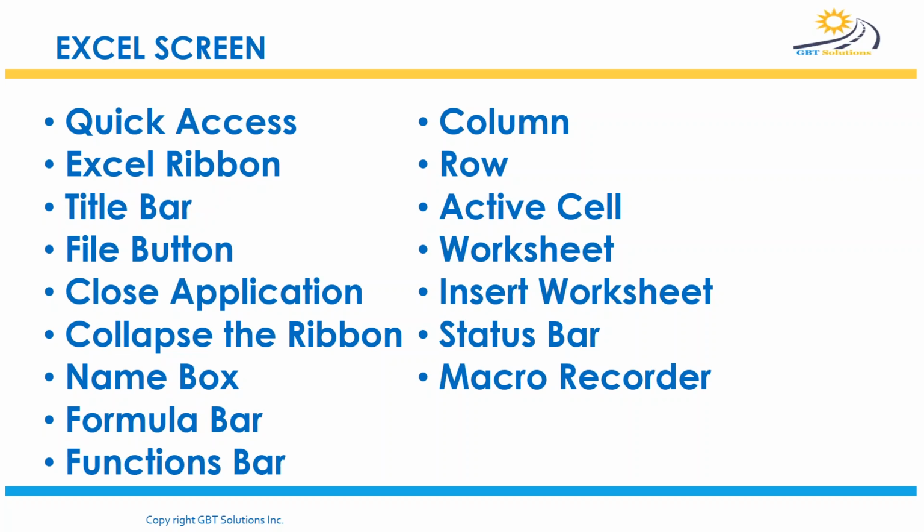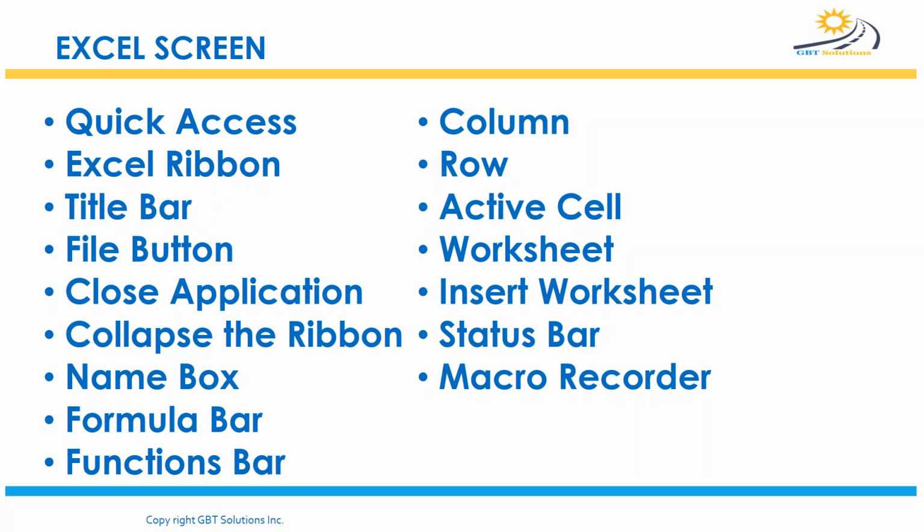Then you will have the Excel ribbon, which contains the Excel tabs and which include the grouping of the Excel commands into Home tab, Insert tab, Formula tab, and so on. Then you have this little square of the title bar.